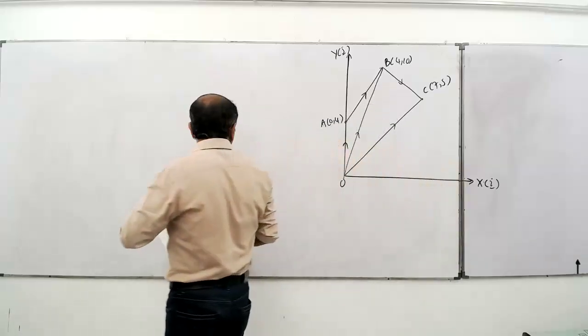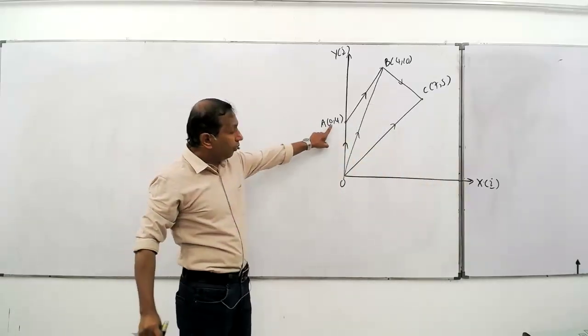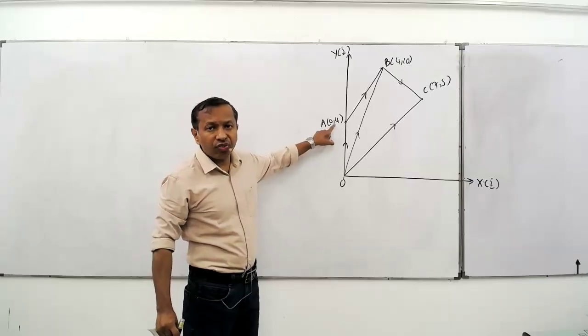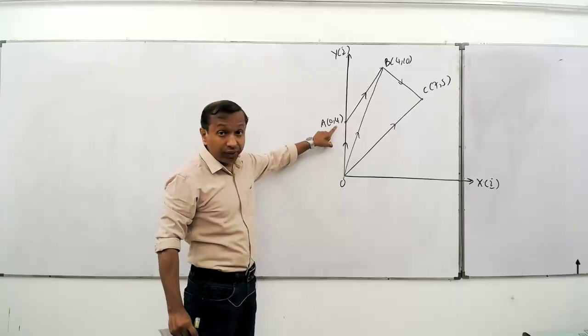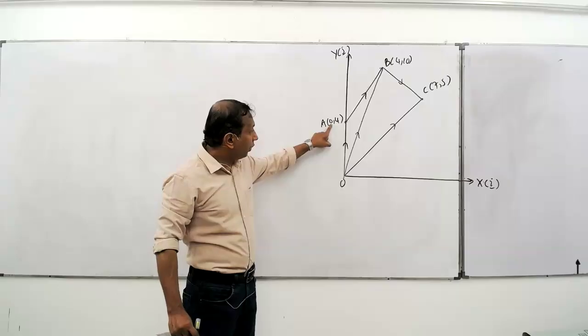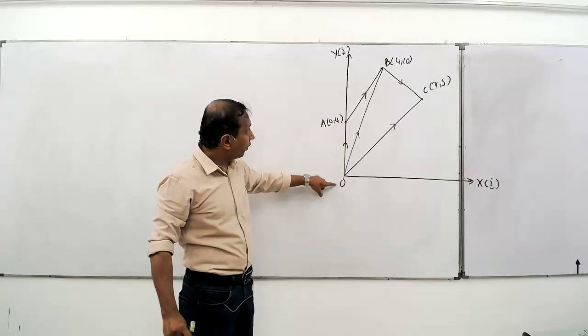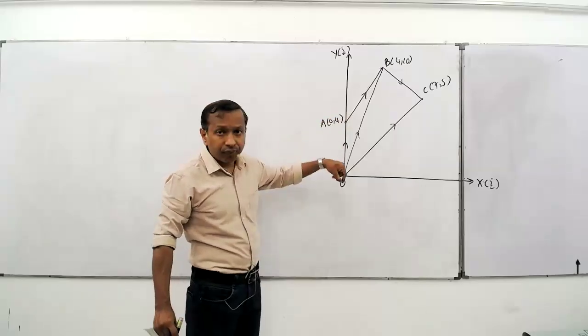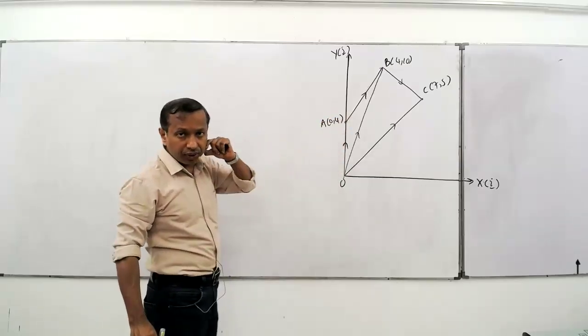If you have a point on the xy plane, using the coordinates of that point you can write the position vector. What is OA? 0i plus 4j. What is OB? 4i plus 10j. What is OC? 7i plus 5j. Understood.